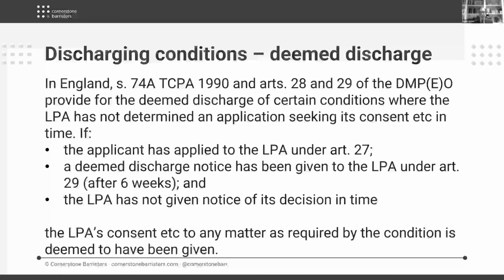Now, that's potentially quite serious because conditions are imposed out of necessity, and the idea that a developer should have deemed consent across all conditions, no matter what they cover, was obviously of some concern. So the government has provided a list of exemptions to the deemed discharge regime. And if we go to the next slide, we can see what they are.